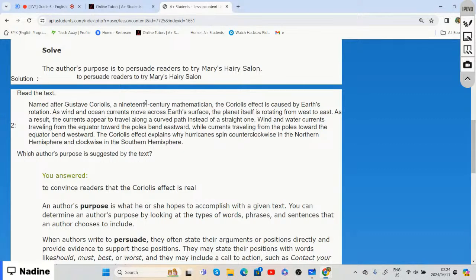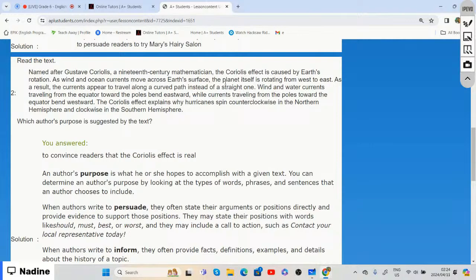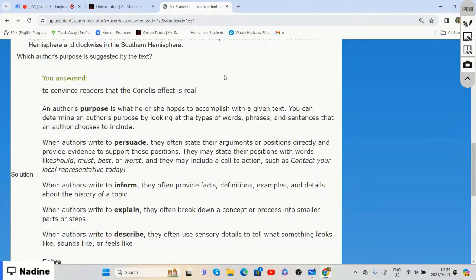And then the different purposes of a writer are either to persuade the readers to buy something, to inform them about the reasons why they should be buying it, to explain why you're selling it, and to describe it.